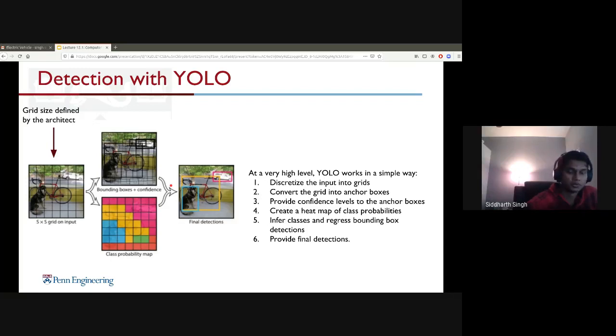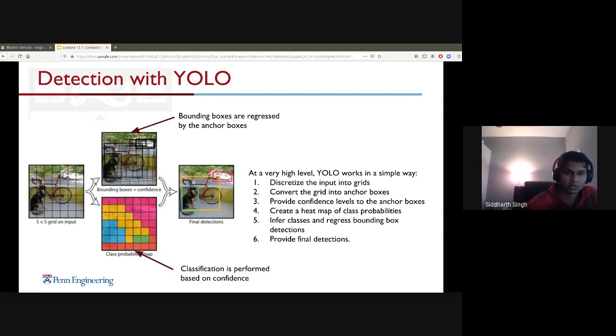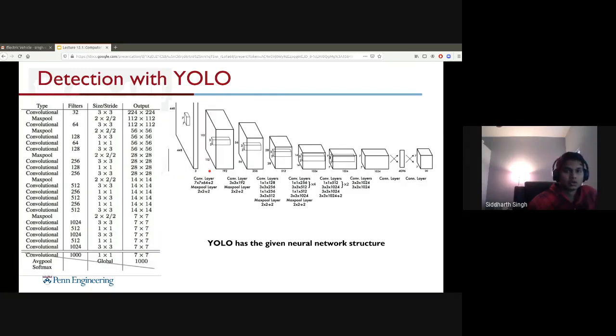So we define the grid size. We regress the bounding boxes by the anchor boxes, and then classification, and get the final result. The latest version of YOLO is complicated. You take an image, pass it through convolution layers, and then a fully connected layer.